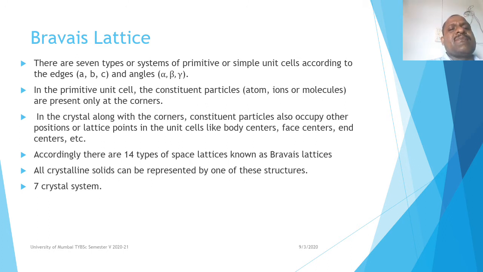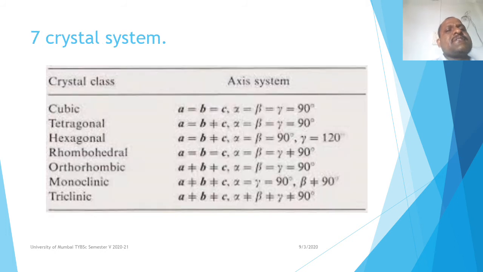So every type of crystal lattice falls into any one of these categories. In the crystals, along with the corners, constituent particles occupy positions or lattice points in the unit cell. As I said, body center, face center, and end center. So accordingly, we have 14 different types of Bravais lattices, and all these are grouped together into 7 crystal systems.